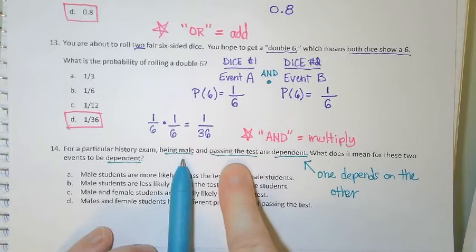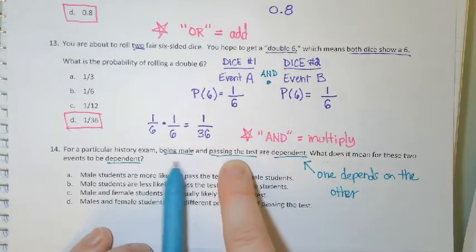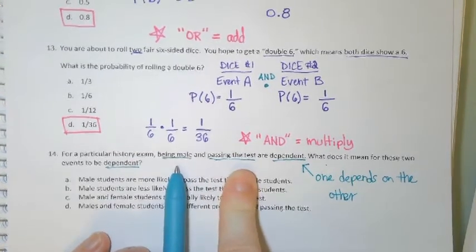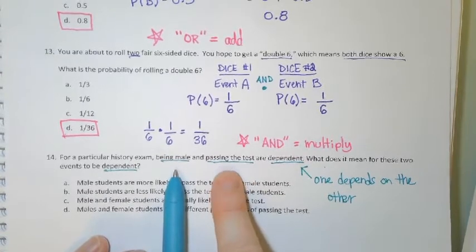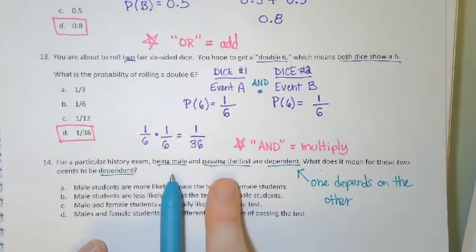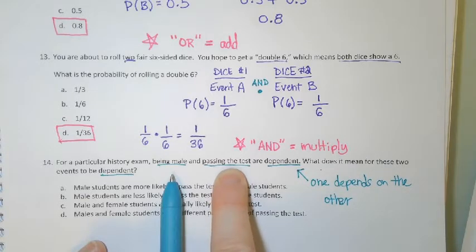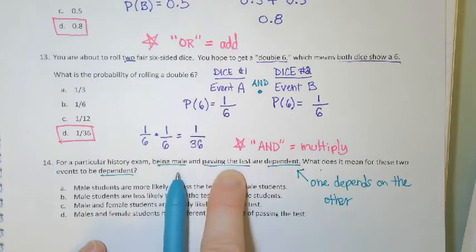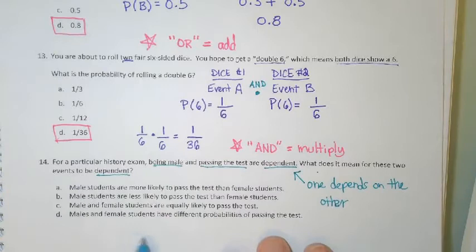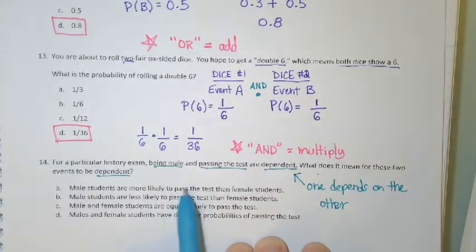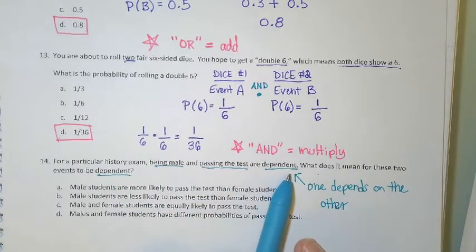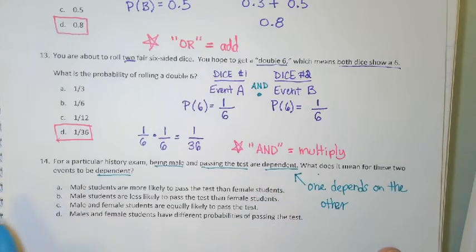So what this tells us is that being male or not is related to passing the test or not. Essentially, how well you did on the test depends on your gender, on being male or female. Again, the question was, for a particular history exam, being male and passing the test are dependent. What does it mean for these two events to be dependent?